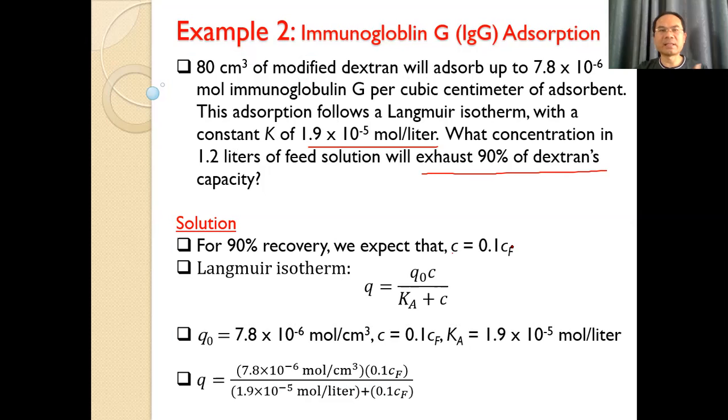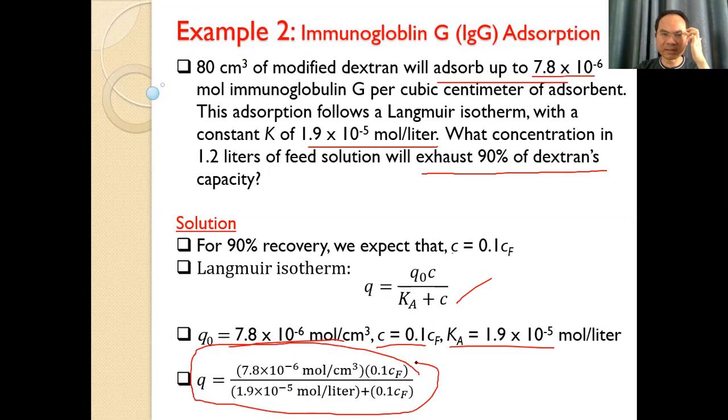CF is the initial concentration. For the Langmuir isotherm, you can follow like this. You know Q0 is the maximum adsorption, and C is 0.1 CF. You know K, so you substitute C, CF, K, and Q0 into Q. Then you can express Q as a function of CF.